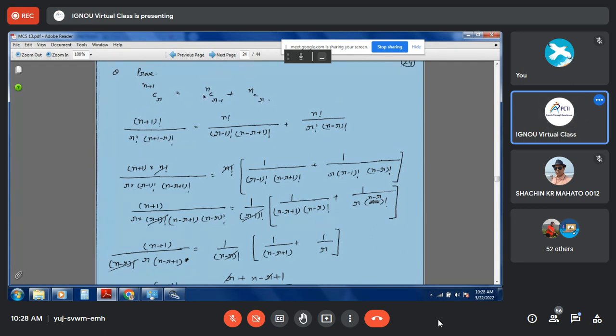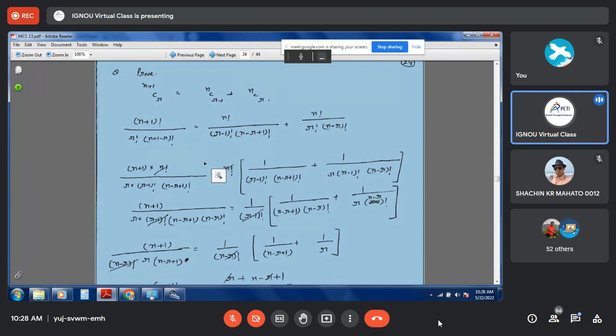Now expand this formula: n factorial divided by r minus 1 factorial times n minus r plus 1 factorial. nCr is equal to n factorial divided by r factorial times n minus r factorial. We have applied this formula here and here also.